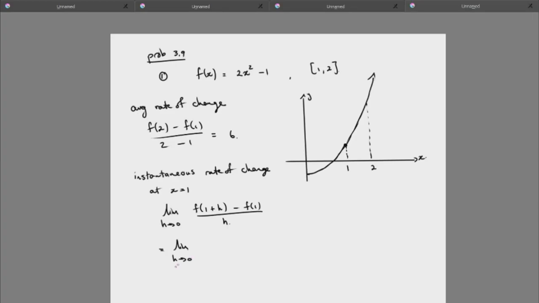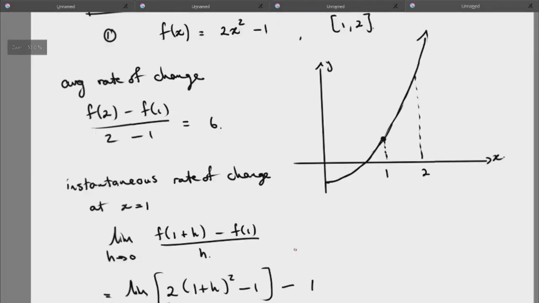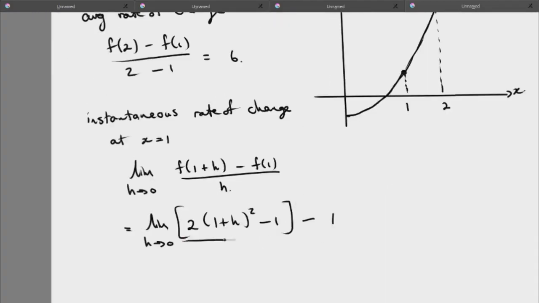Let me zoom out a little so I can see them both. And it's going to be 2 times (1 plus h) squared minus 1. I'll put that in square brackets. That's my first function value. Minus f of 1, which we've already found is going to be a 1. All of this over h.